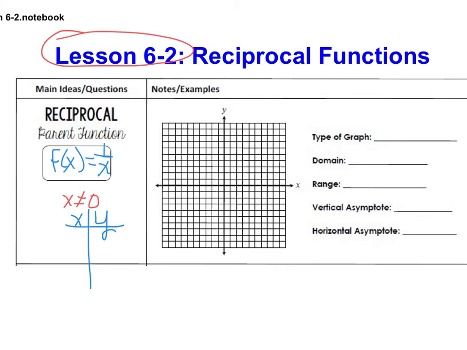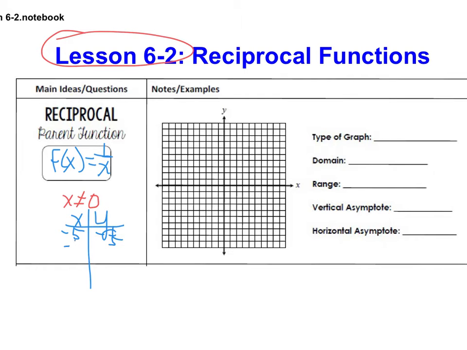I'm going to put a lot of values on here, some of which we may or may not be able to graph because they're so tiny, but some we can. So if I start with -5 and I substitute -5 in here for x, I get 1 over -5, which is -1/5.